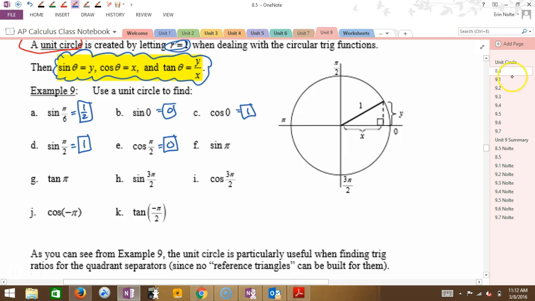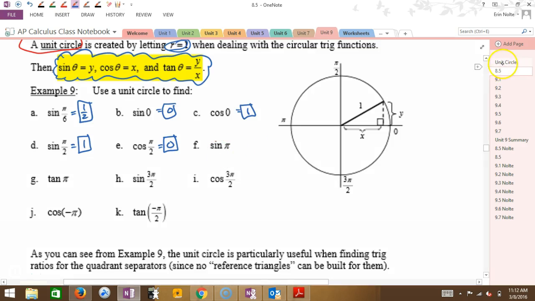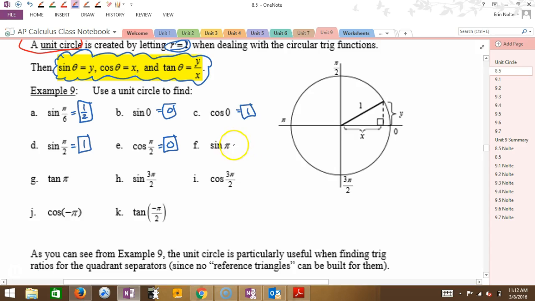Now moving to π, sine is y, so we're looking at 0. Tangent was y over x, so if you're looking at (-1, 0), it would be 0 over -1, which is 0.